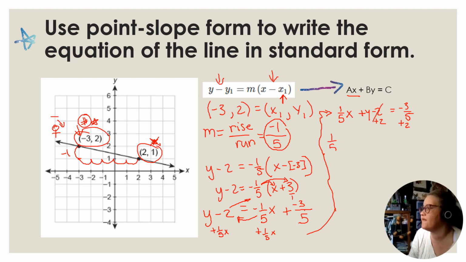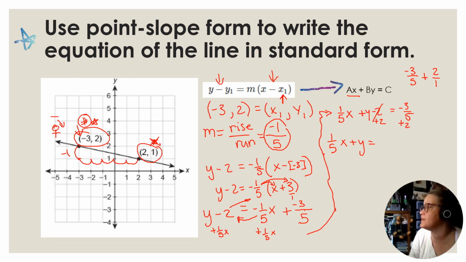Now we have 1/5 x plus y equals, and then we need to look at this mess here. -3/5 plus 2. We'll throw that over a 1. We need to make these have the same denominator so we can combine them.